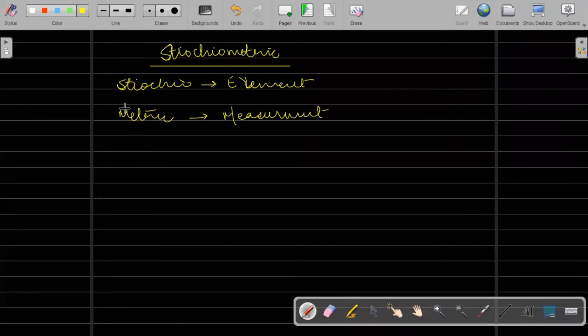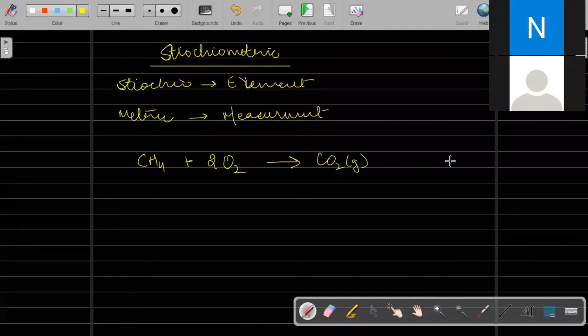So here we will calculate the elements. How to calculate? Firstly, you have to understand how to read the reactions. Your reaction is methane reacts with 2 oxygen, it gives CO2 gas plus 2 water.